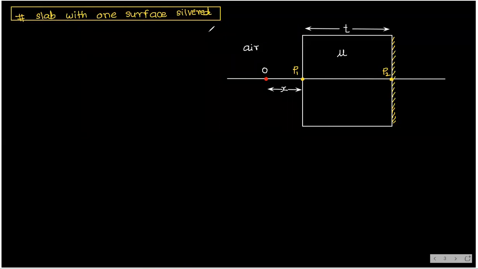Now, the first image I am getting for this object is somewhere here, and this point I am getting first image. I am denoting it with pink color. This is image I1, because here it is behaving like mirror plus this slab. That's why the image is coming here.